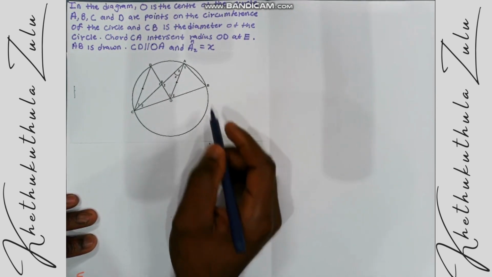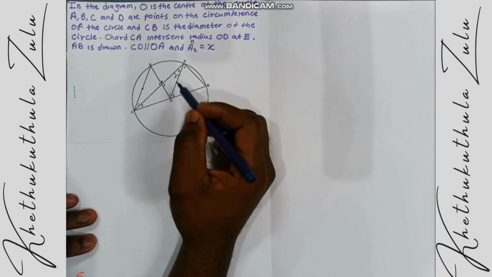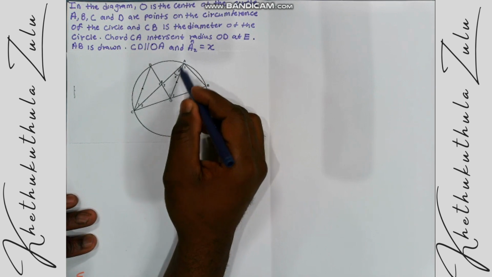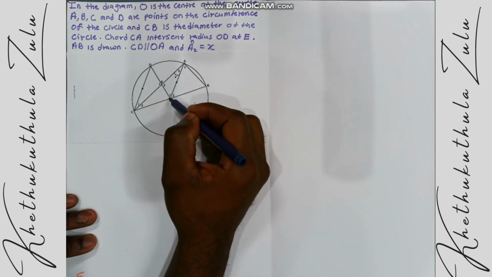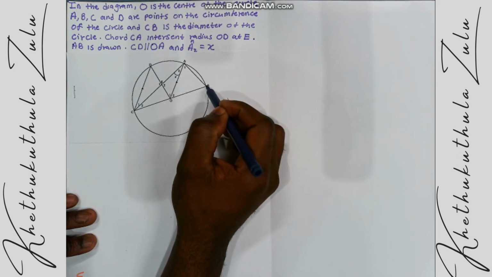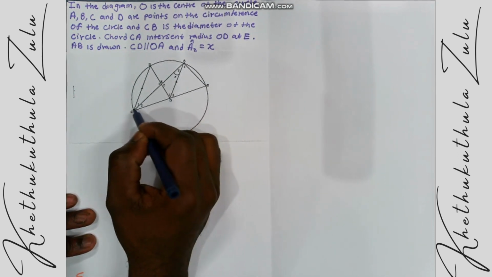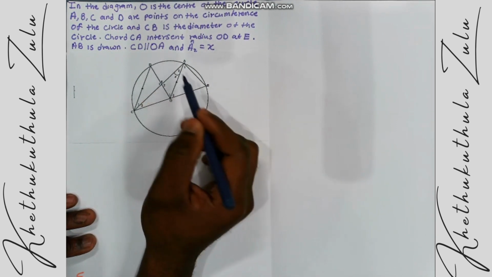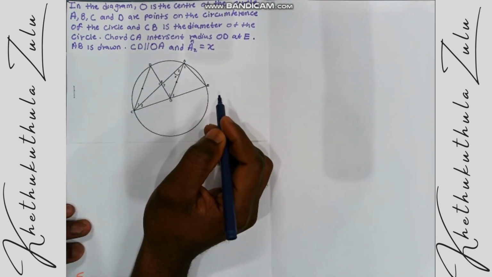From O to the circumference, that is a radius. OA is a radius. OB, it's a radius. OC, it's a radius. OD, it's a radius.